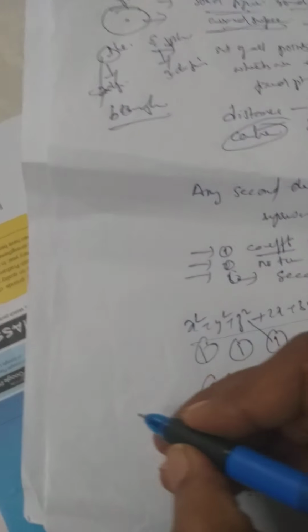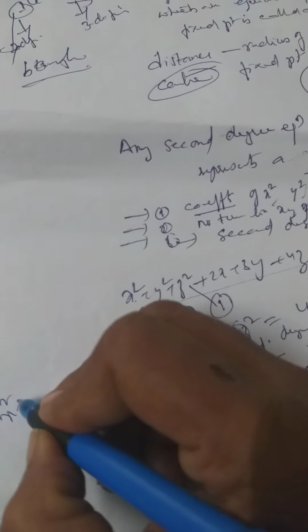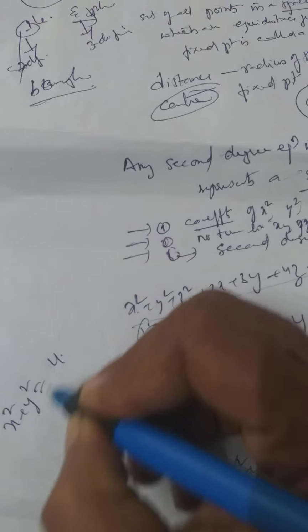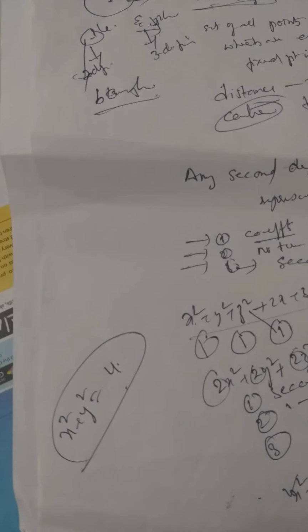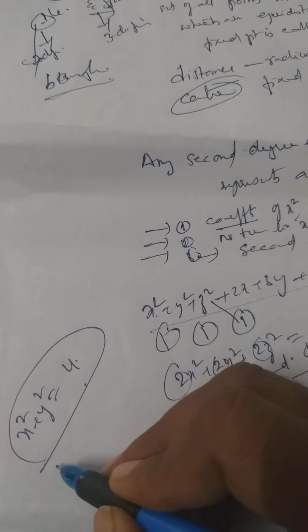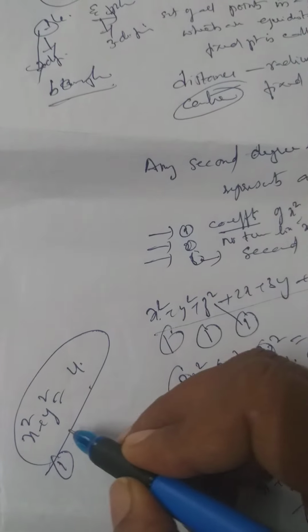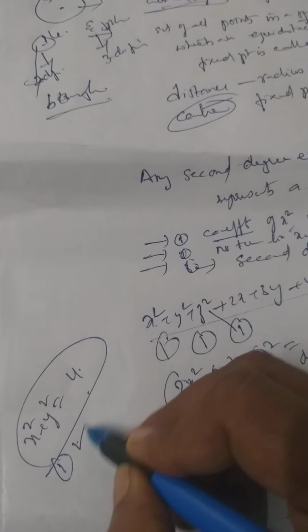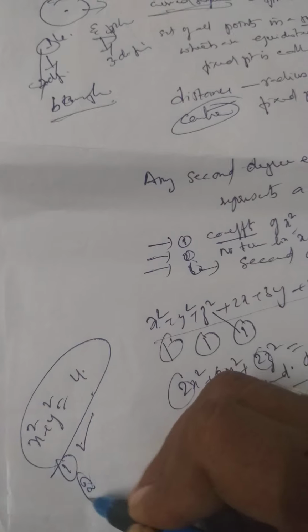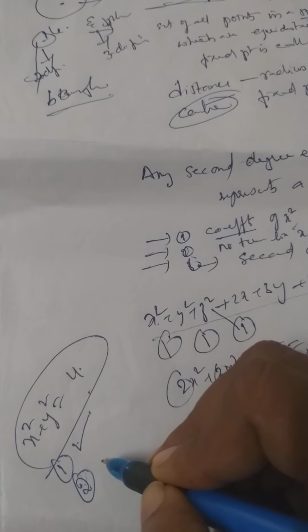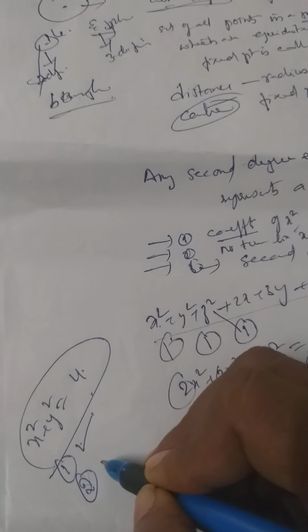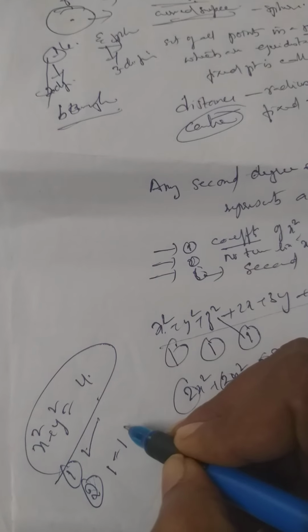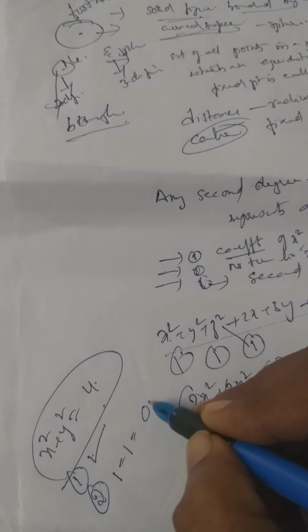What about this one? Suppose x square plus y square is equal to 4. Whether this represents a sphere or not. Now we have to check. First condition, whether it is a second degree equation or not. Yes. Next one, whether the coefficient of x square is equal to the coefficient of y square is equal to the coefficient of z square or not.